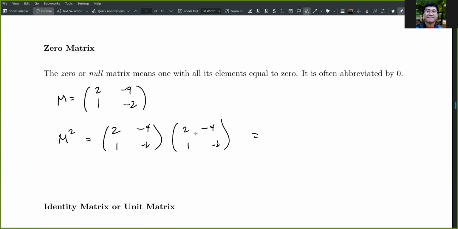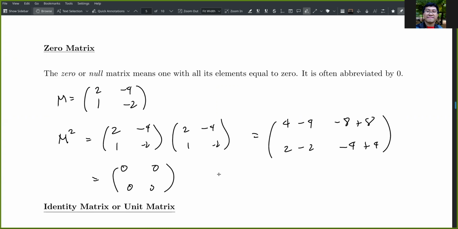This row, this column multiply: 4 minus 4. So this times this, that's negative 8 plus 8. This times this is 2 minus 2. And this times this, finally giving us negative 4 plus 4. So this is 0, 0, 0, 0, or our M squared equal to 0.